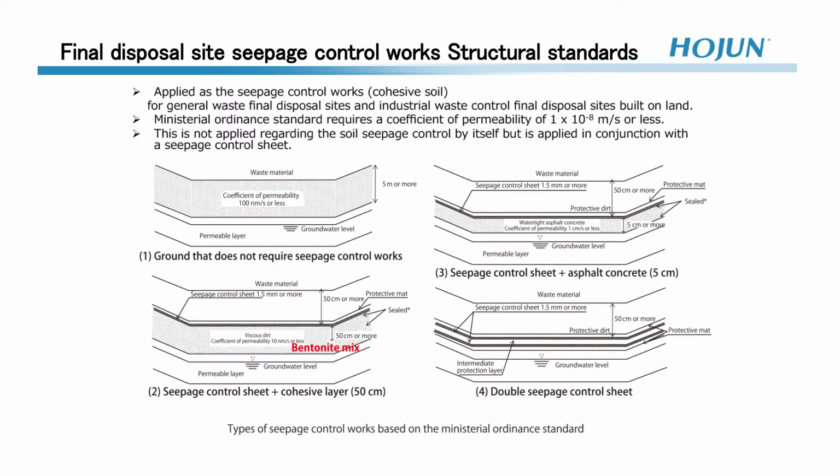As a ministerial ordinance, the seepage structural standard in Japan for final disposal sites is 1 × 10^-8 meters per second or less, with a composite structure of a soil seepage control works and seepage control sheet of 50 centimeters or thicker.